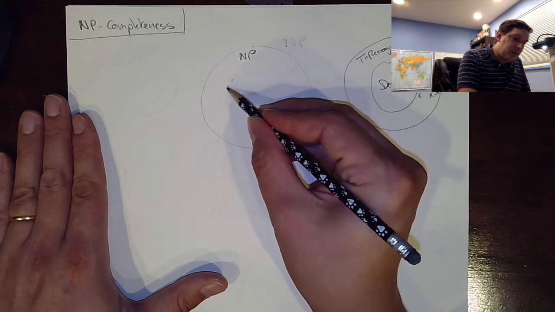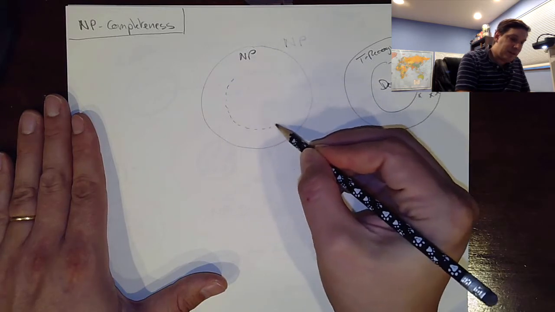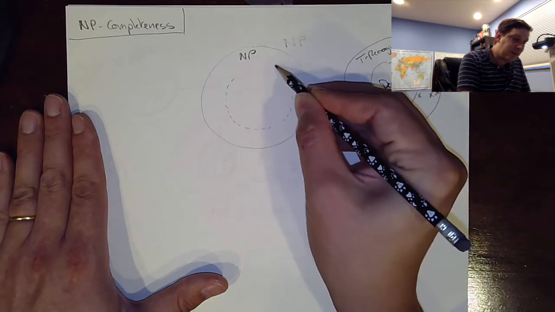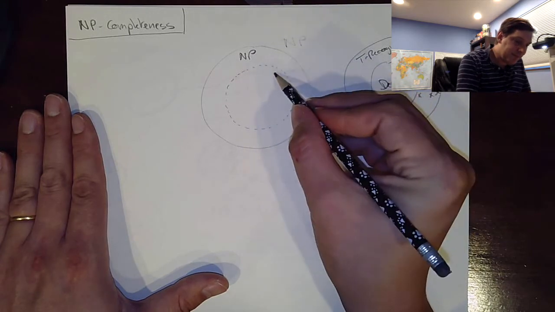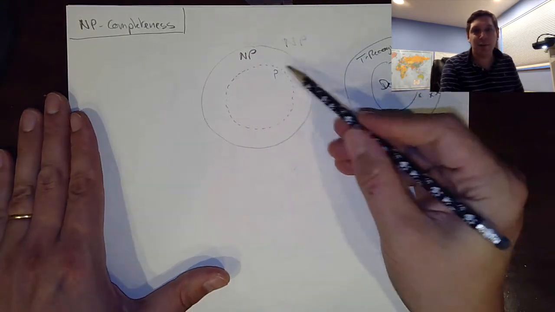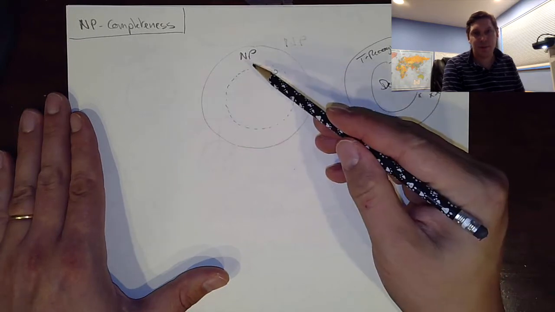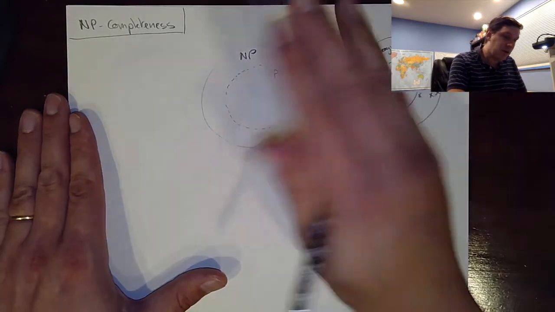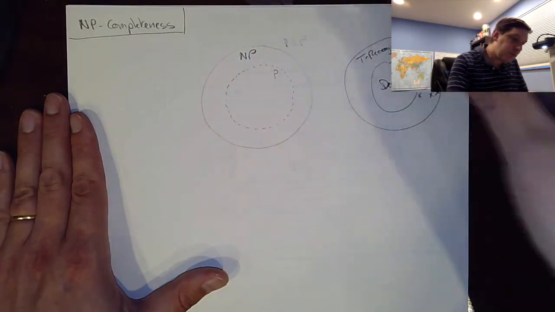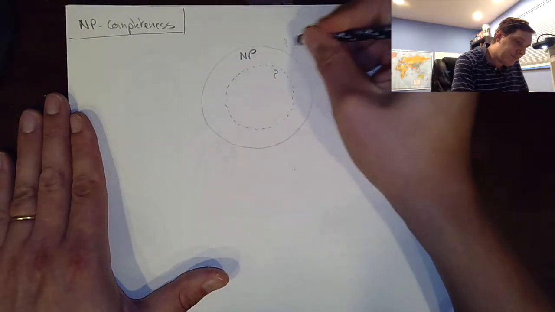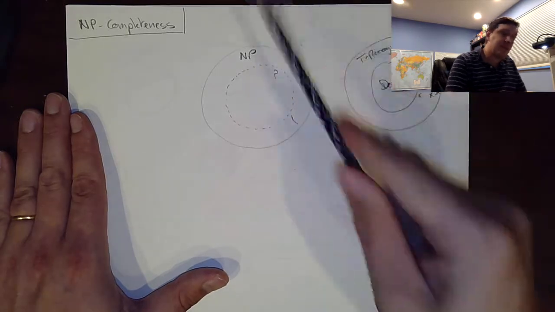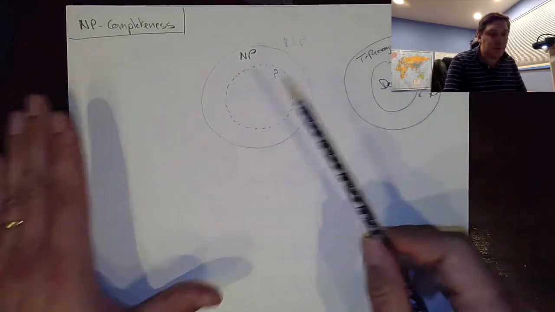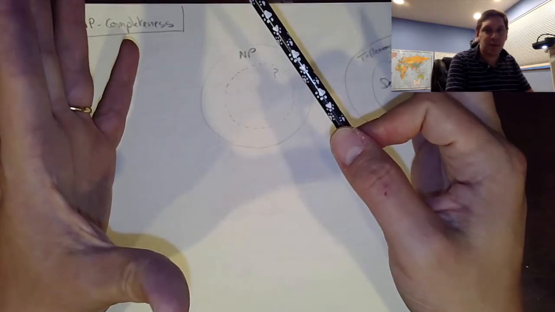I'm going to write P like that with a dotted line, because it might not be an inner circle of NP. It might be equal to P. This dotted line means we don't know. It might be an inner circle, but it might be the whole bigger circle.